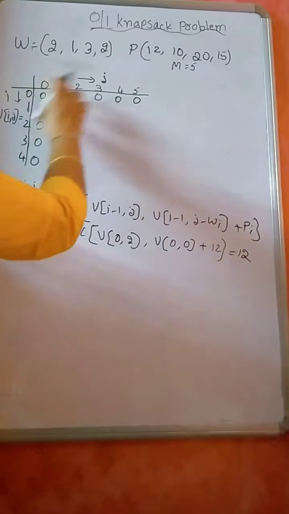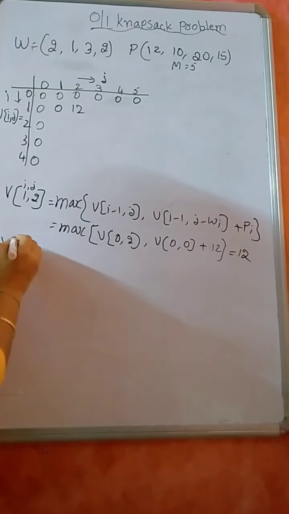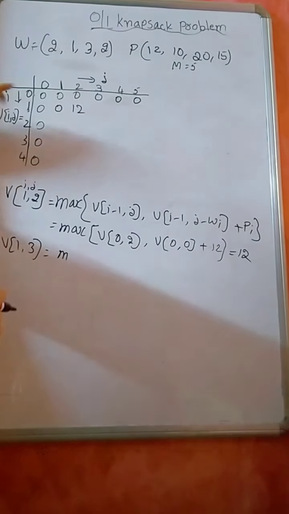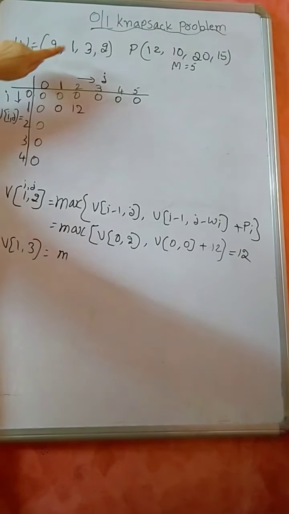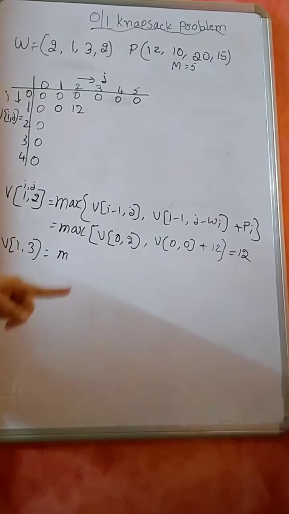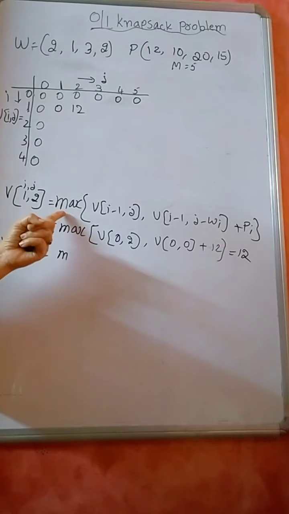Now 1, 3. V of 1 comma 3. Again, what is the weight of the first object? 2. What is the remaining capacity? 3. Can I insert? Yes. Which case? Third case. Third case means this formula.